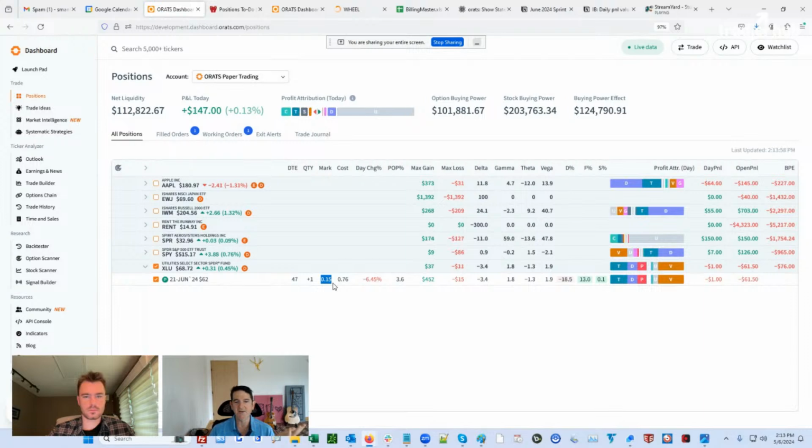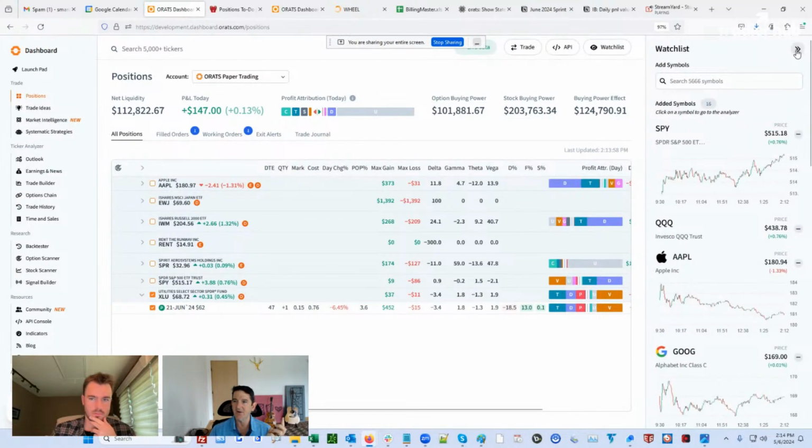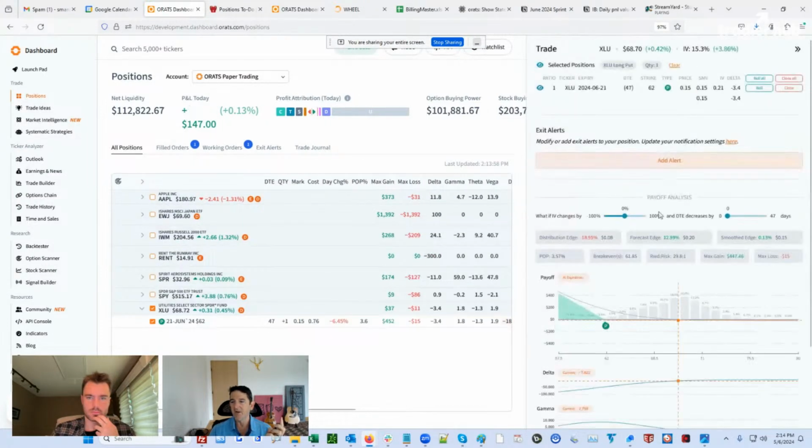Is 15 cents fair? Do we think it's low? Do we think it's high? What do we think about 15 cents? So if I go to trade, we look at it in three ways. We look at it from a distribution, multiplying the distribution probabilities times how much you would be up at that point.